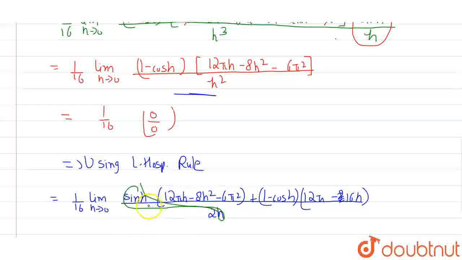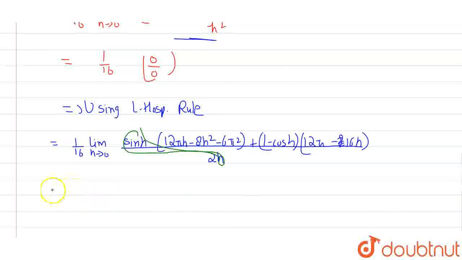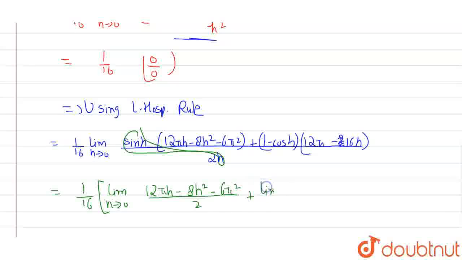So now this can be written as 1 by 16, limit h tends to 0, of 12 pi h minus 8 h square minus 6 pi square by 2, plus again limit h tends to 0 of 1 minus cos h and then 12 pi minus 16 h.